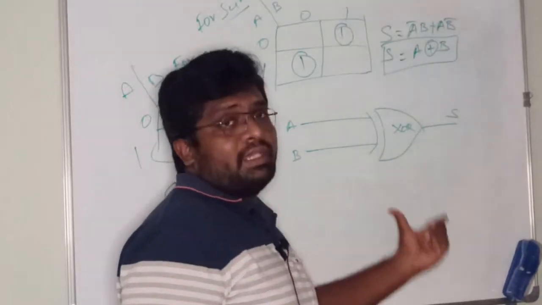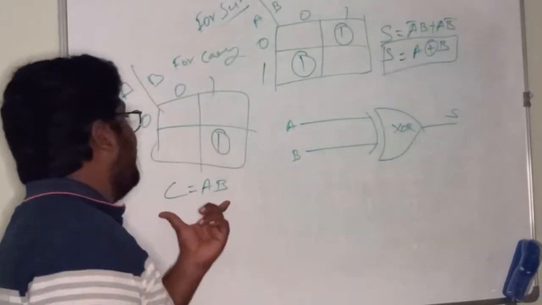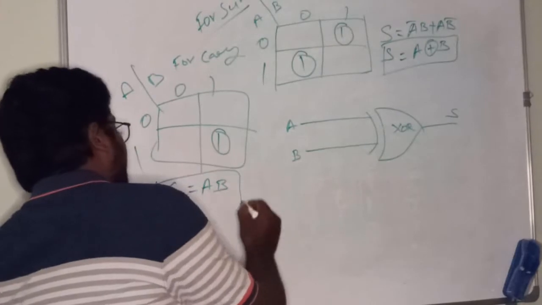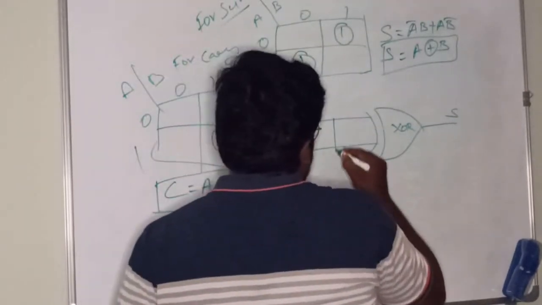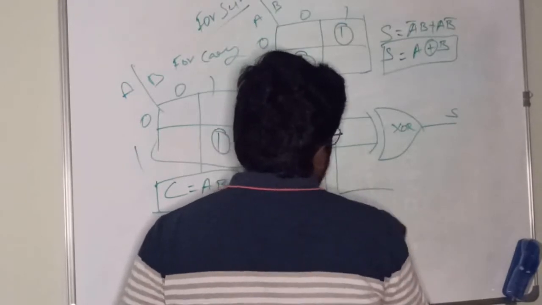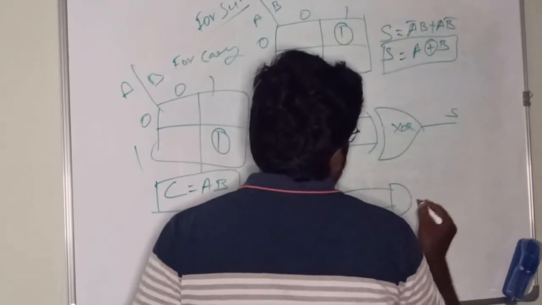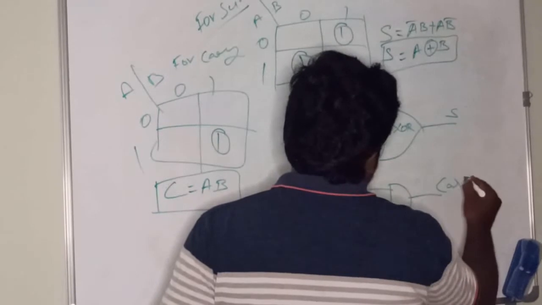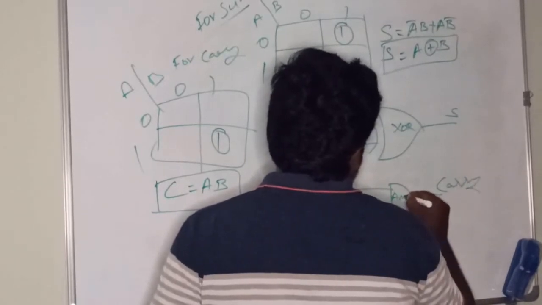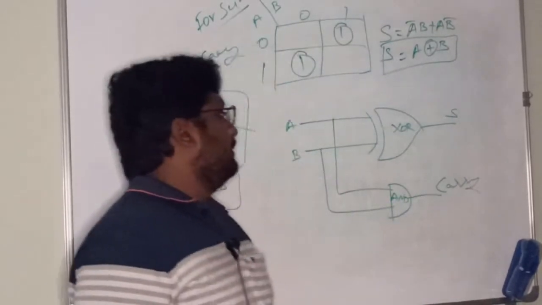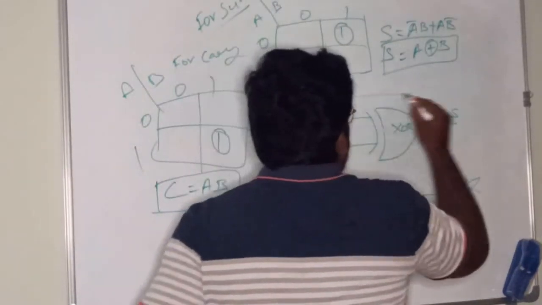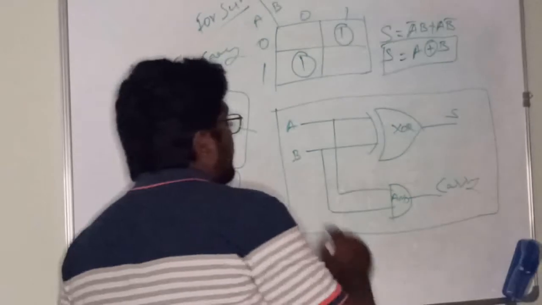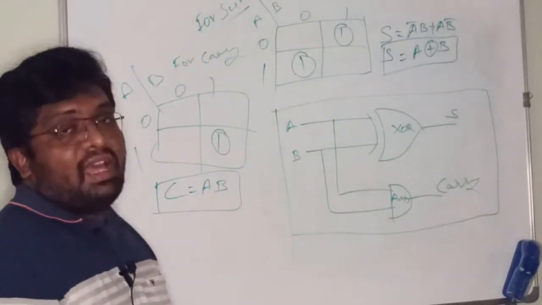Sum will be represented like this, and now we are having a carry C is equal to A B. So A and B, this is carry, it is performing the AND operation. So this is the combinational circuit diagram for a half adder.